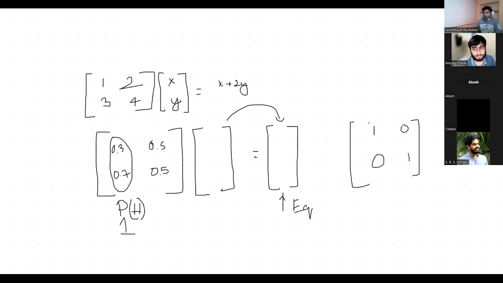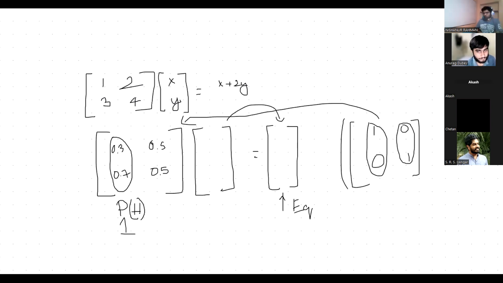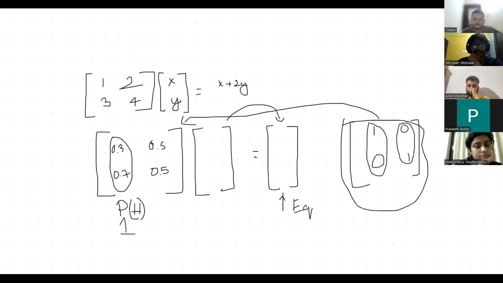The sum of this column is 1 and the sum of this column is 1. So this is the general case, where the columns sum up to 1, and this is one specific case that we study, especially because it maps the i vector to i and the j vector to j, and every point it maps to itself. I'm actually not sure.